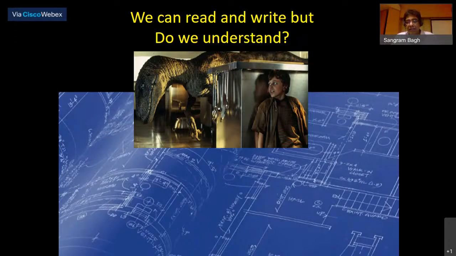How can you tell that this genome is going to make a banana tree and this genome is going to be a human? So that means that we can read and we can write, but we do not understand at all. And that has a lot of significance in today's biological engineering, and we'll see what it is.